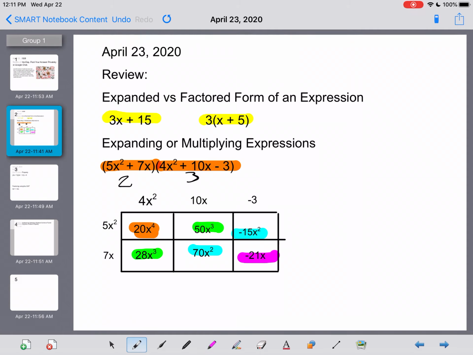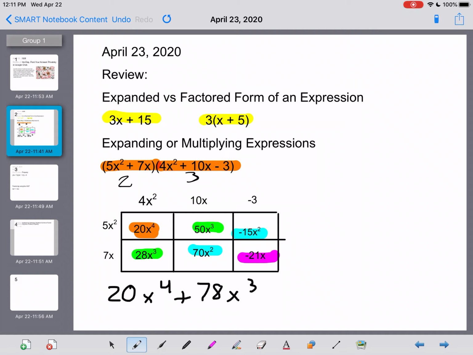And I'm going to do that in order from the highest degree to the lowest degree. Remember, degree is the number of the exponent on the variable. So 20x to the fourth will come first. And then I'm going to add together 28x to the third plus 50x to the third. And that's going to be plus 78x to the third.